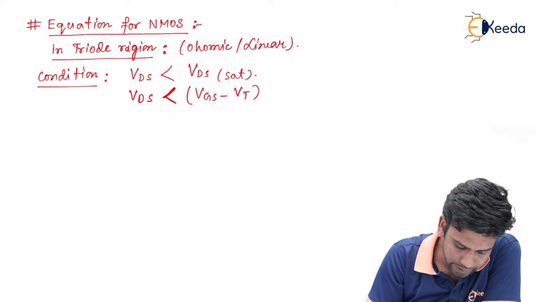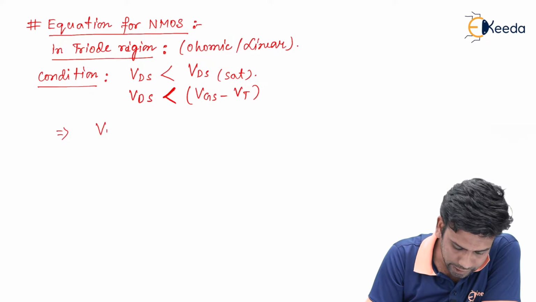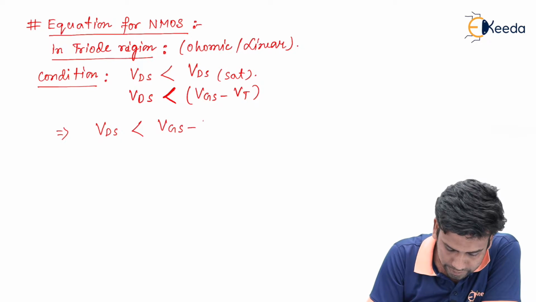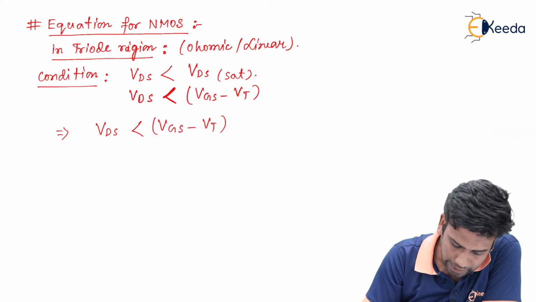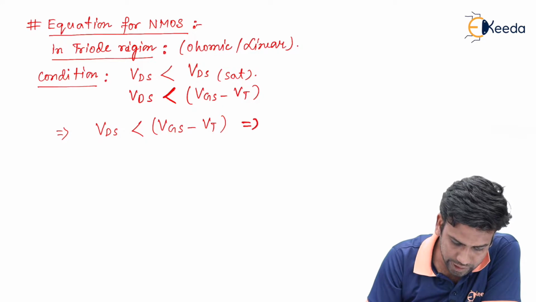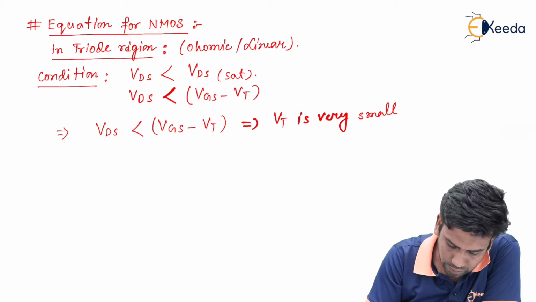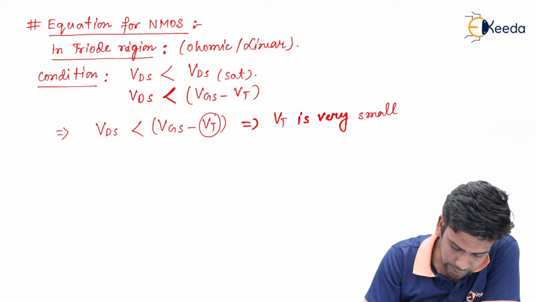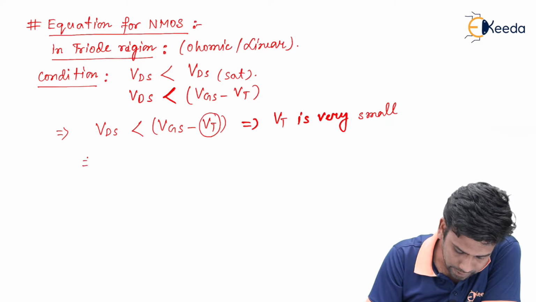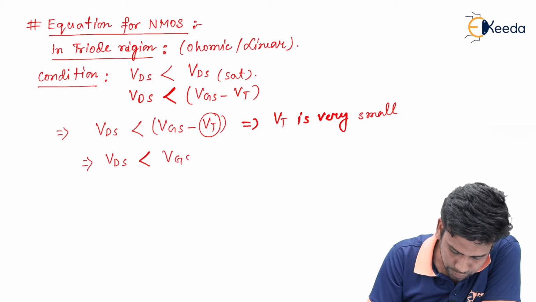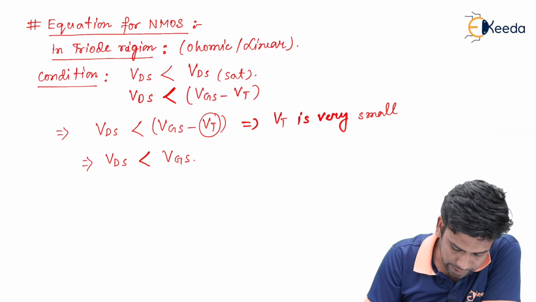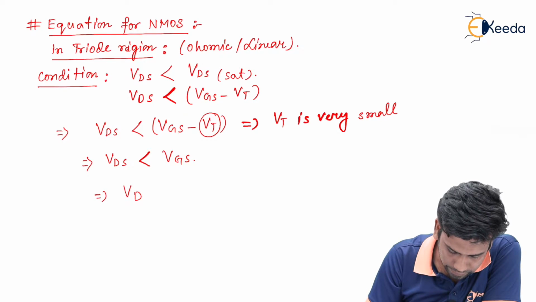So we can say in another way that VDS should be smaller than VGS minus VT, and in this equation the value of VT is very small, so we can neglect this threshold voltage VT and write that the drain to source voltage is less than the gate to source voltage, or in short form, the drain voltage VD is less than the gate voltage.